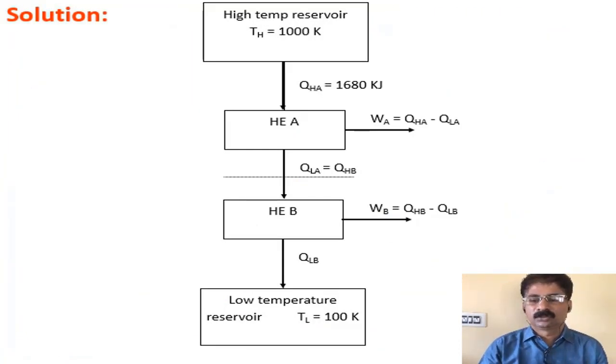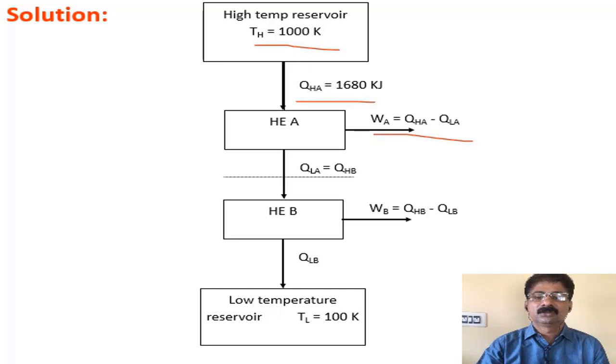Okay, this is the actual diagram. The previous diagram was just to analyze the problem, because the problem is shown there itself. So this is the diagram now. TH is 1000 Kelvin, QHA is 1680. So this is WA, equal to QHA minus QLA. QLA is equal to QHB. QLA is the heat rejected by engine A, which is absorbed by engine B, so it is written equal to QHB.